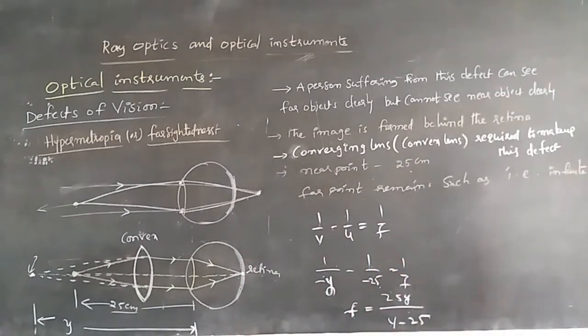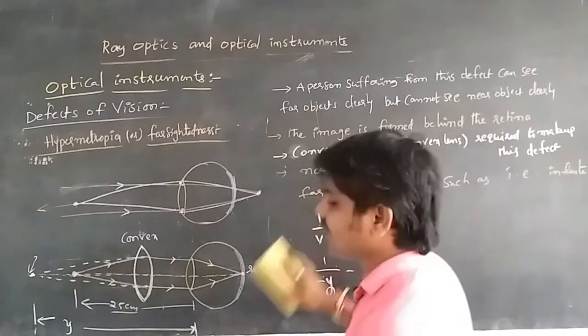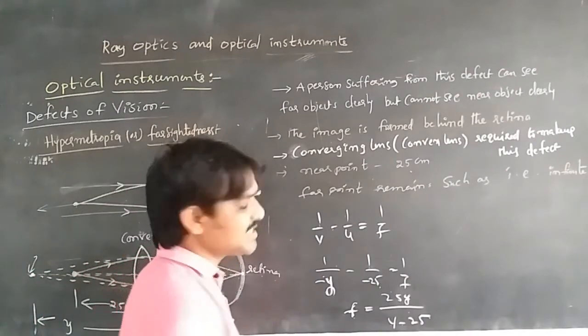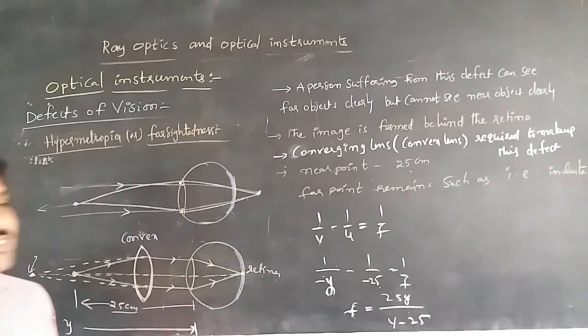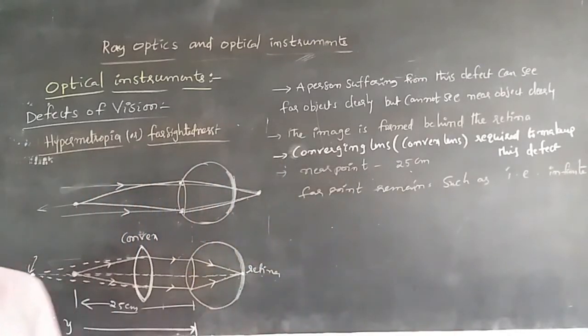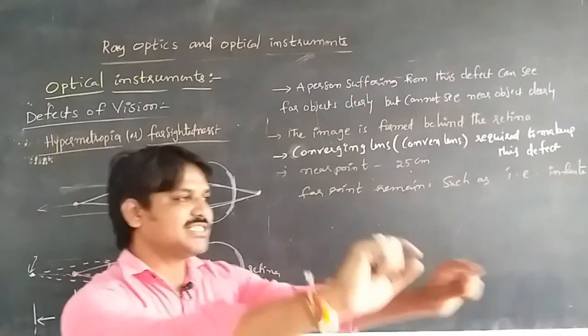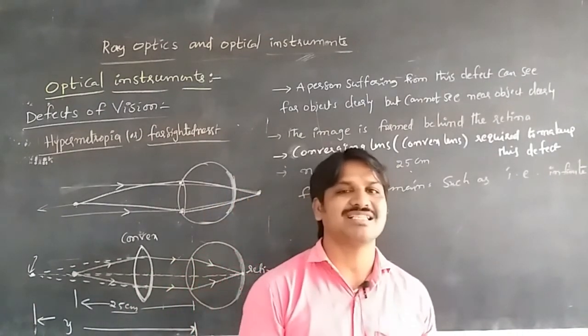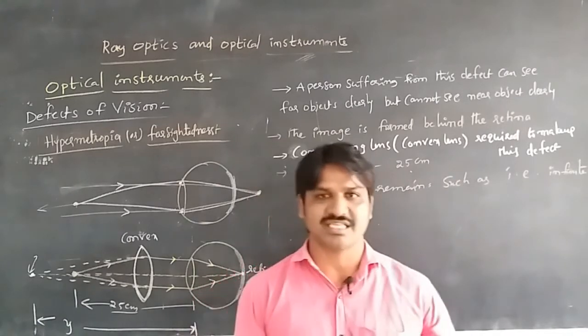Another problem of the eye is presbyopia. Presbyopia means aged sightedness, which means that with increasing age the strength of the muscles of the eye is reduced, so the human being can't see the nearer objects and far objects clearly.